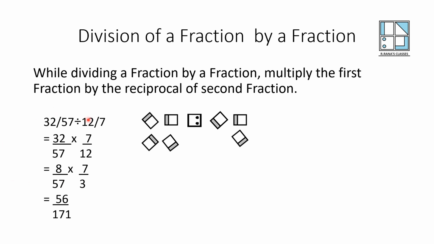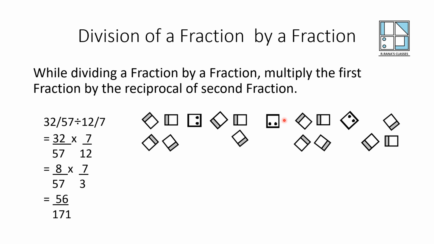32 upon 57 divided by, this symbol is for division, 12 upon 7. Look, we are writing the fraction, so there is no space, no line space here, no line space here. When we write fractions, we do not leave a line space between numerator and denominator. Now multiply by the reciprocal, so this becomes 32 upon 57 into 7 upon 12.